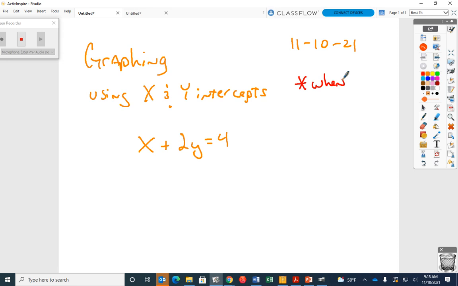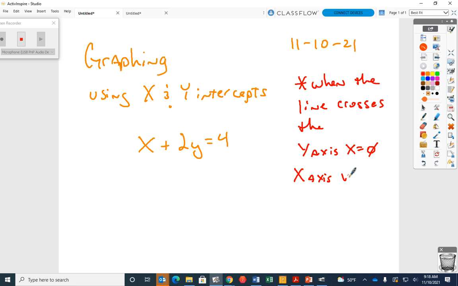when the line crosses the y-axis, x equals 0. And when it crosses the x-axis, what does y equal? 0. Okay, so first I'm going to find my x-intercept.